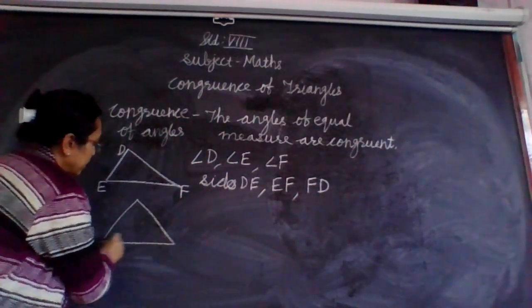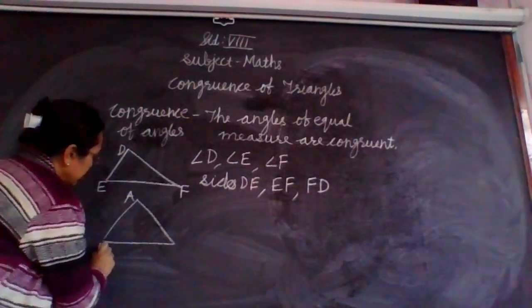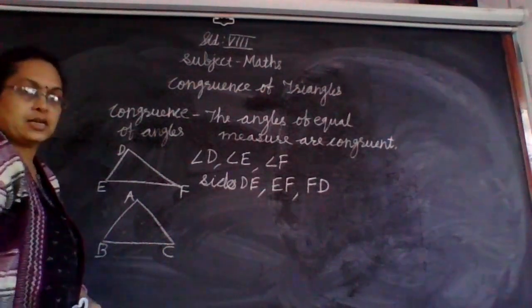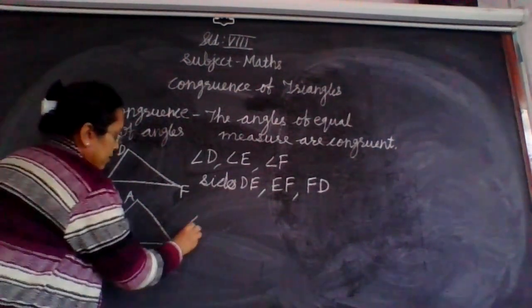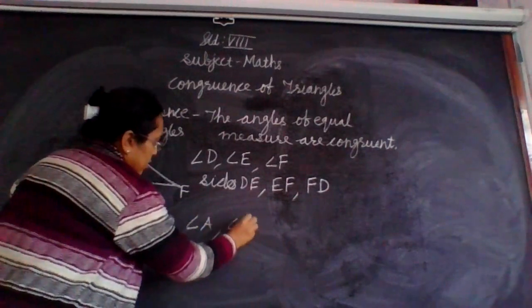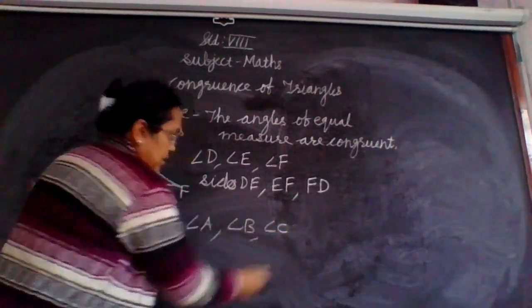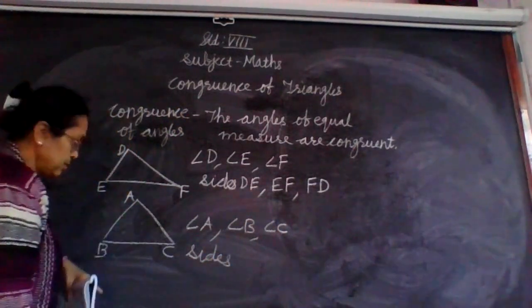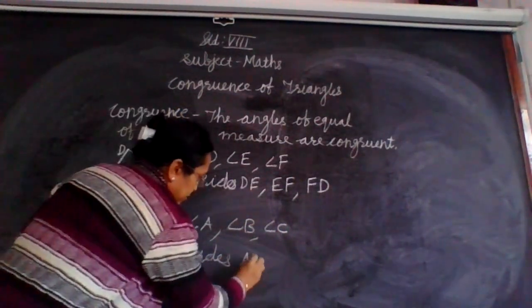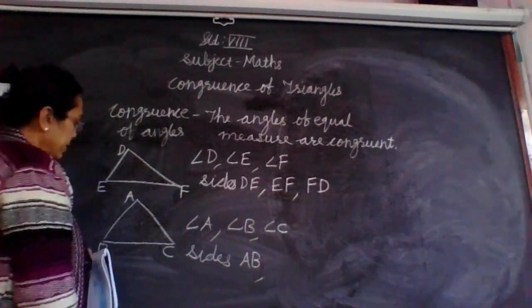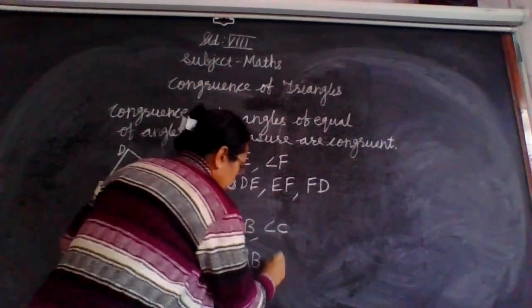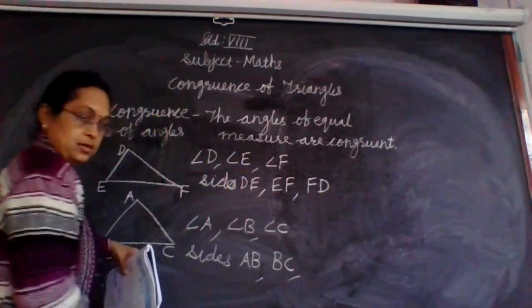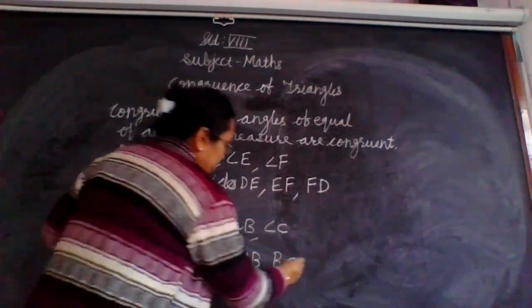Say if I take ABC, another triangle here, angle A, angle B, angle C, and sides AB, then BC, and then CA.